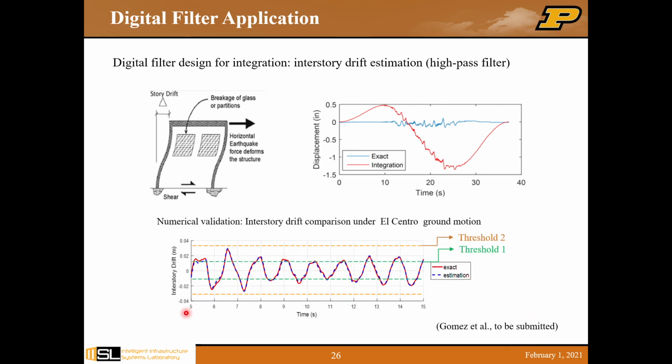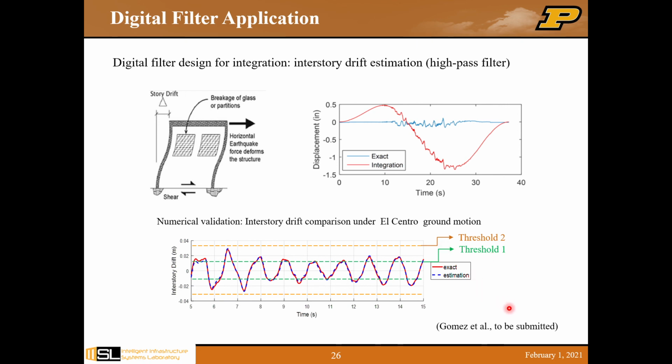Okay, so this is the illustration comparing the result from the drift filter, the interstructural drift estimator, with the exact ground truth value. We can use that as an indicator to approximately estimate the building conditions.